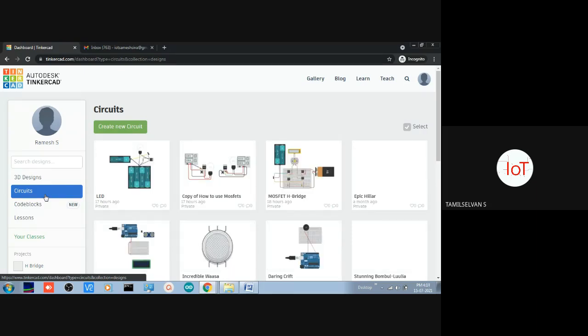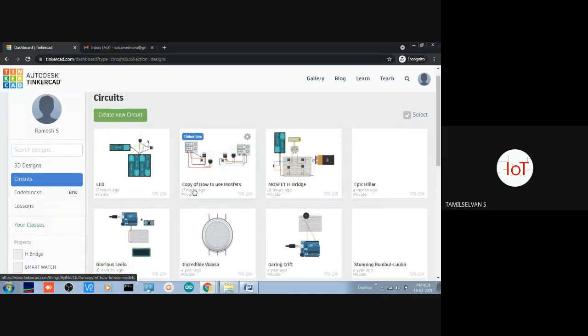These were the circuits that I have worked on previously. Only for your class, I have listed some of the circuits. I'll go with them one by one.